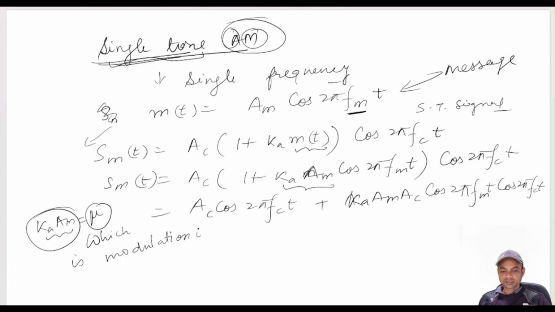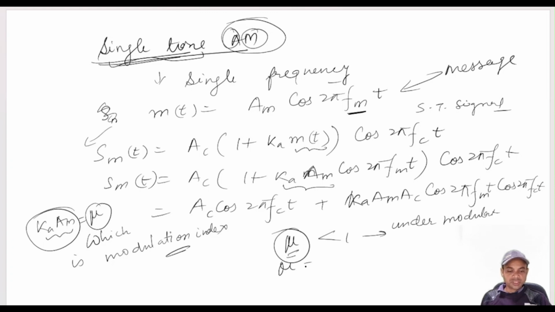Why is the modulation index term very famous? Because due to mu, we can define whether our modulated signal is under modulated, critical modulated or over modulated. If mu is less than 1, then the modulated signal is called under modulated.